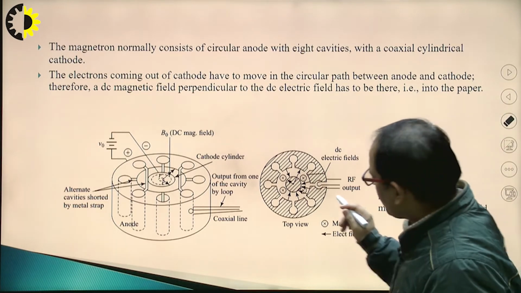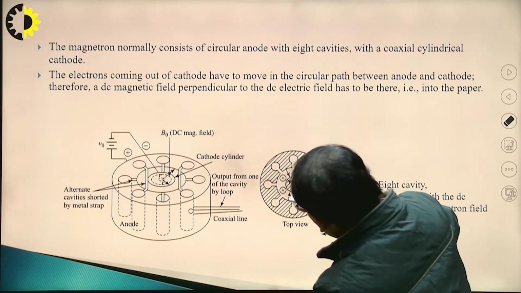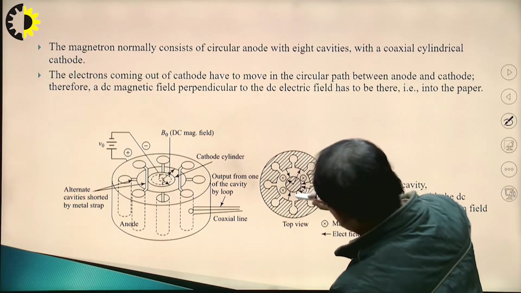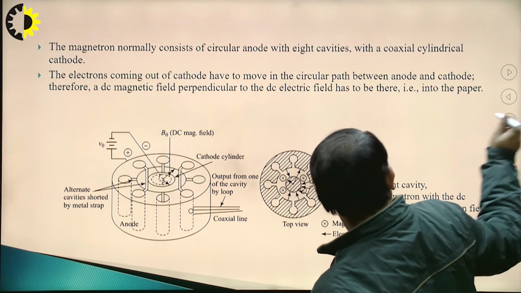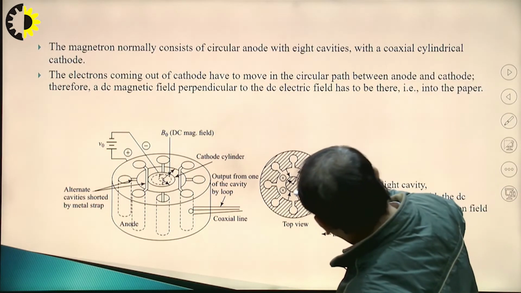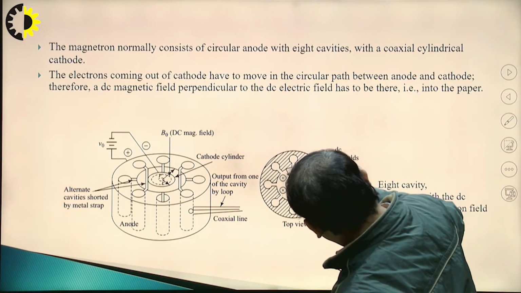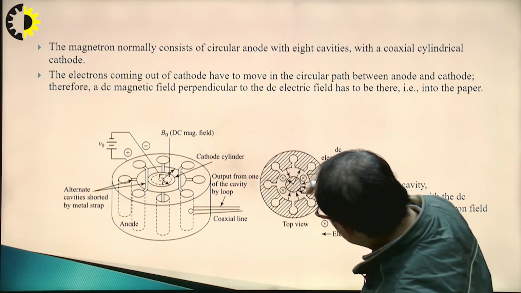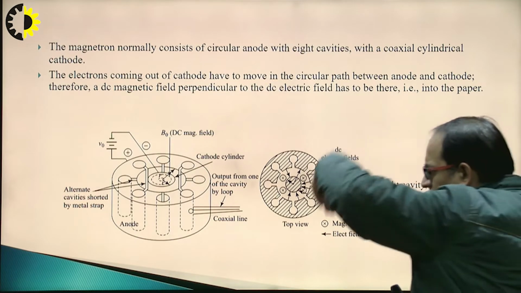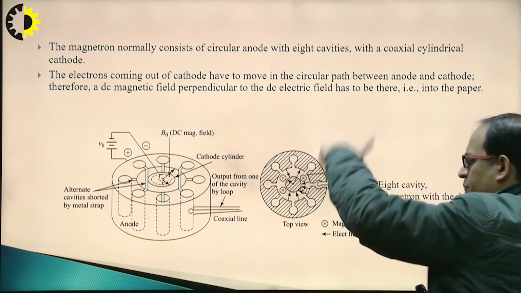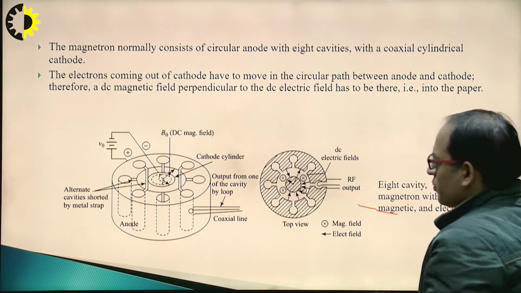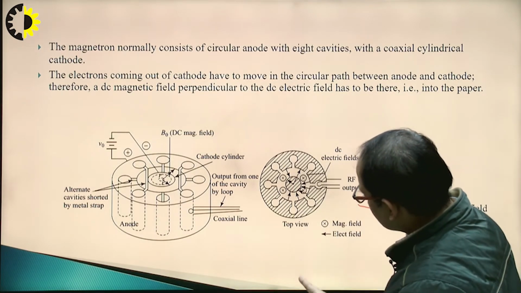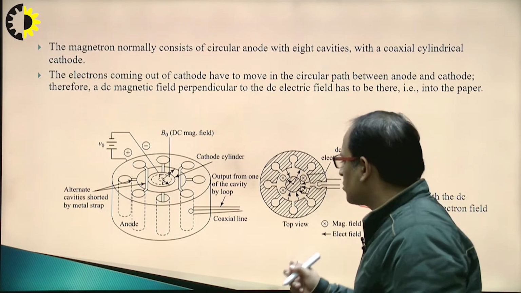Now see this one, this is the electric field, and this plus sign means the magnetic field goes into the paper or into the screen. So they are perpendicular to each other.